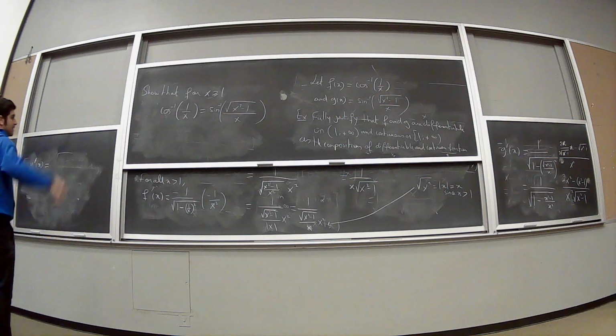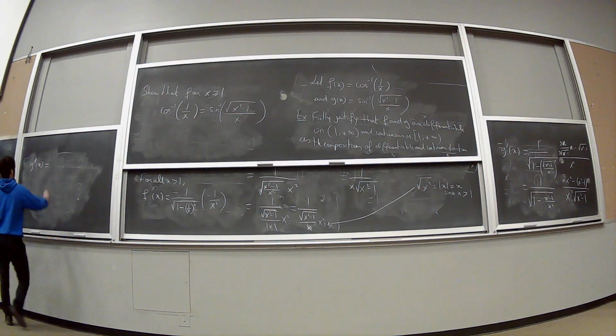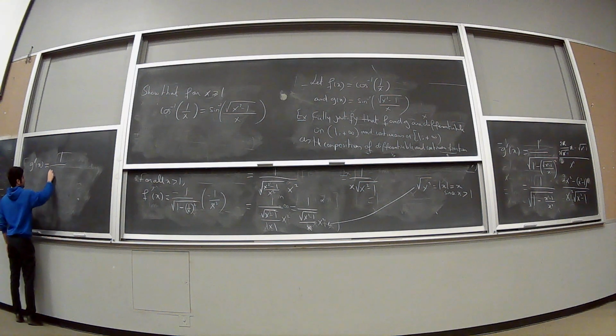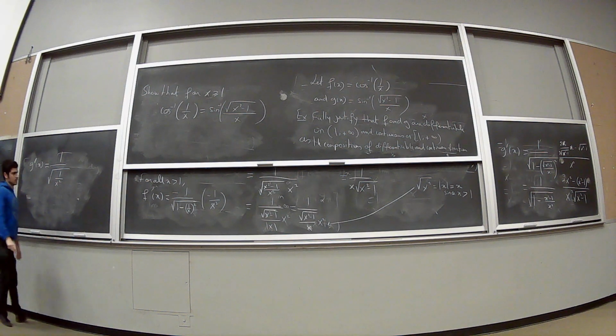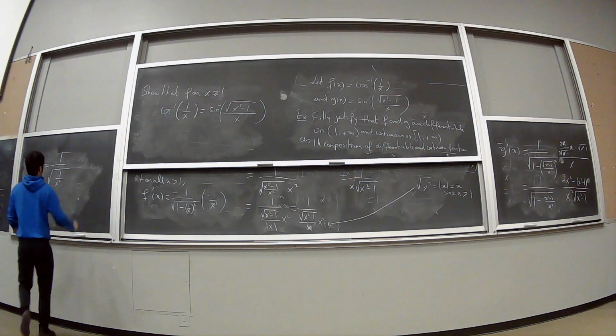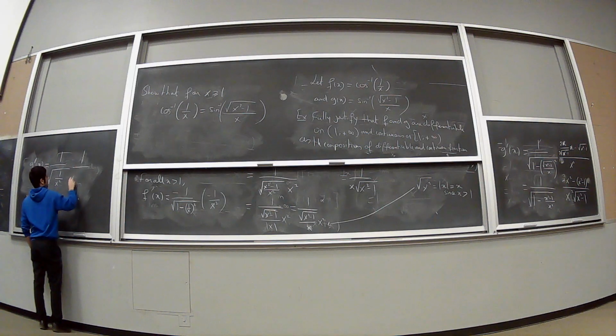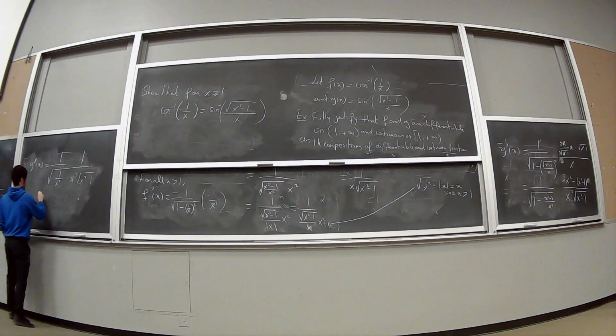So what do I get? I get square root of 1 over x squared, and on top I get 1 over... Okay, so what do I have here?